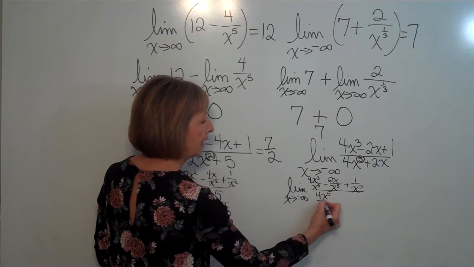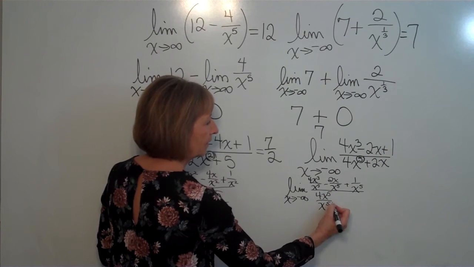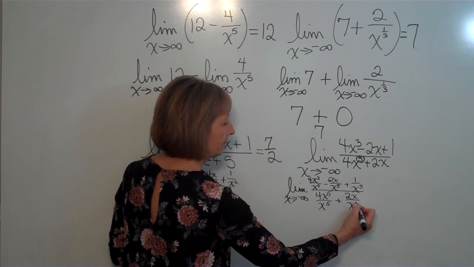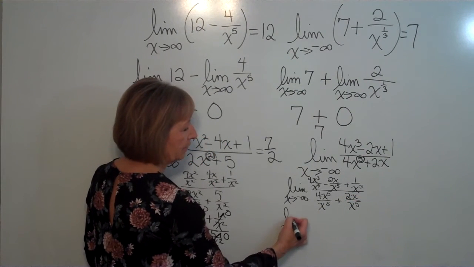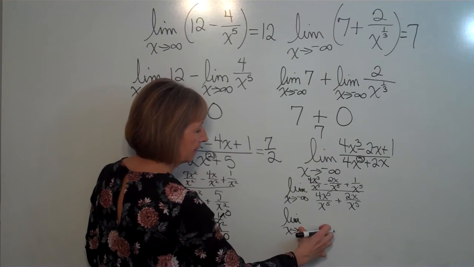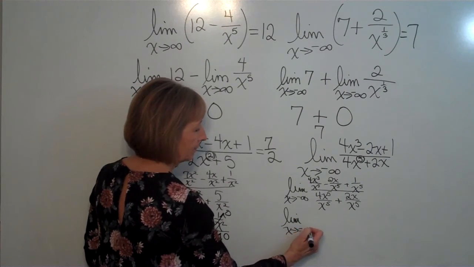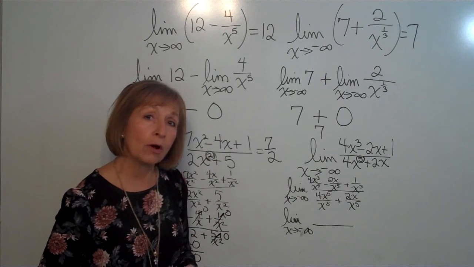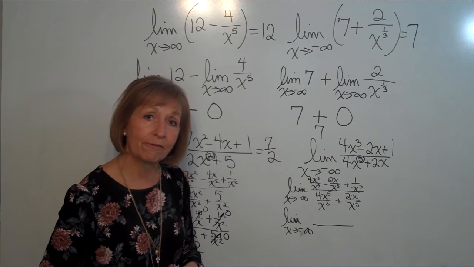and then I have 4x to the 5th over x to the 5th plus 2x over x to the 5th. So that gives me the limit as x approaches negative infinity of, my first term now, it's 4x cubed over x to the 5th.